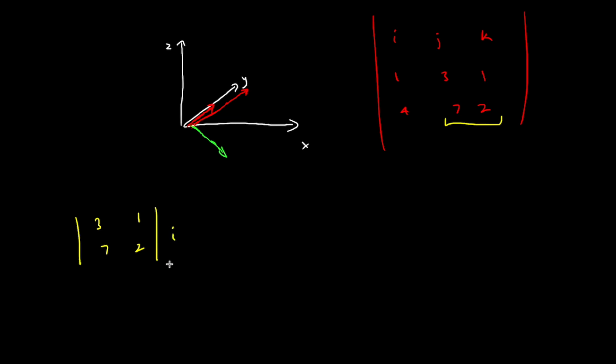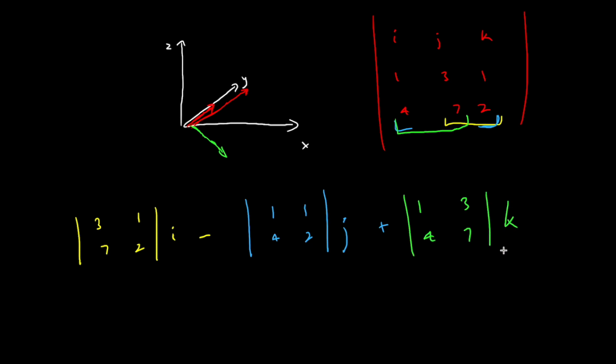This is my i, my unit vector, minus, now I have these two. So 1, 4, 1, 2 make up the j vector, plus this right here. So 1, 3, 4, 7, which makes up the k vector.